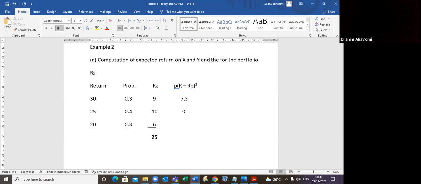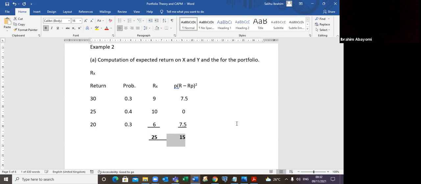The next one, 20 minus 25, squared, that is 25 times 0.3, will give me 7.5 as well. So add the two together. We have 15.